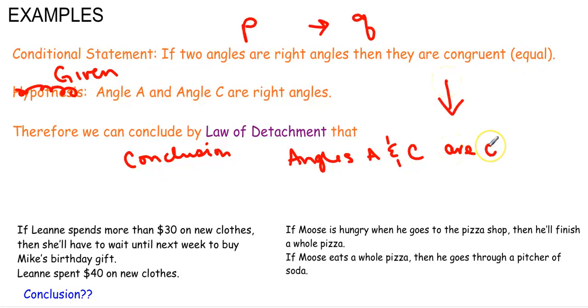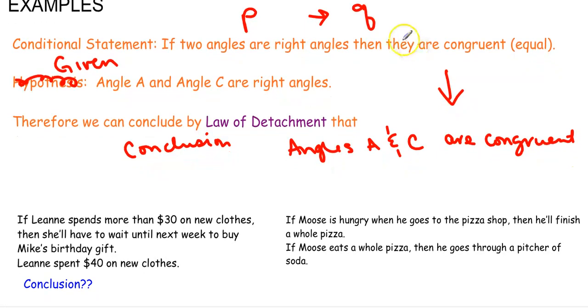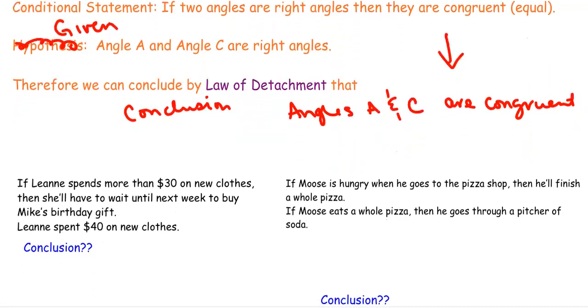We are saying, based on the fact I knew the hypothesis was true, that now the conclusion has to be true. And remember, that does not work the other way around. Think about it. If I said if two angles are right angles, then they are congruent, and then I said two angles are congruent, well, just because two angles are congruent doesn't mean they have to be right angles. So knowing the conclusion alone is not enough.